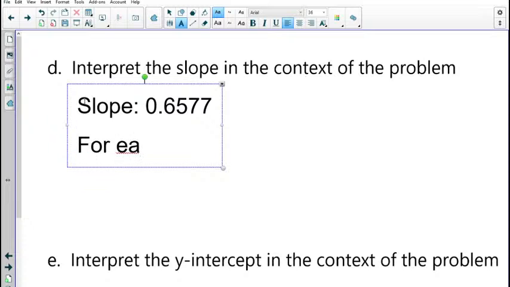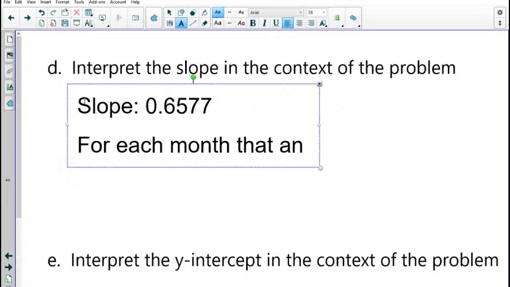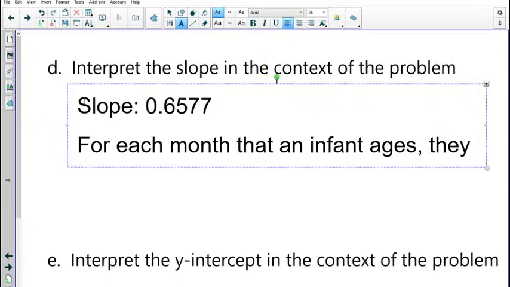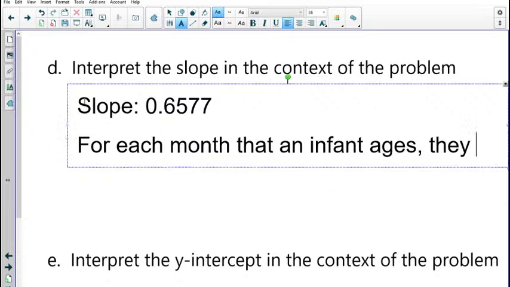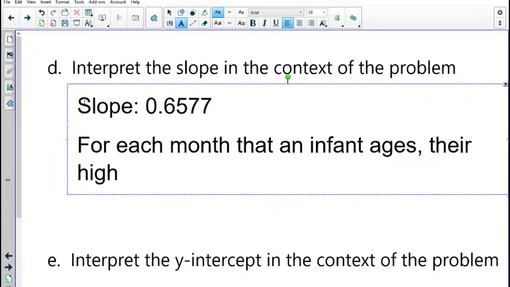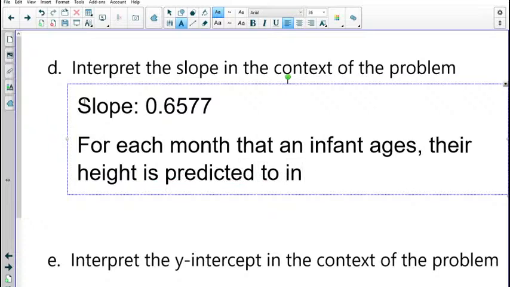So for each month that an infant ages, their height, this is the y-coordinate, is predicted to increase by 0.6577 inches.